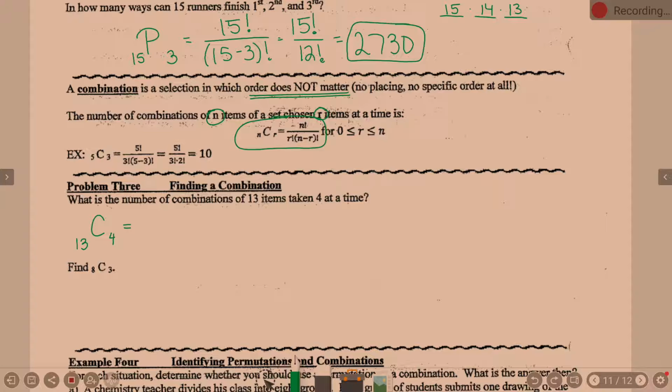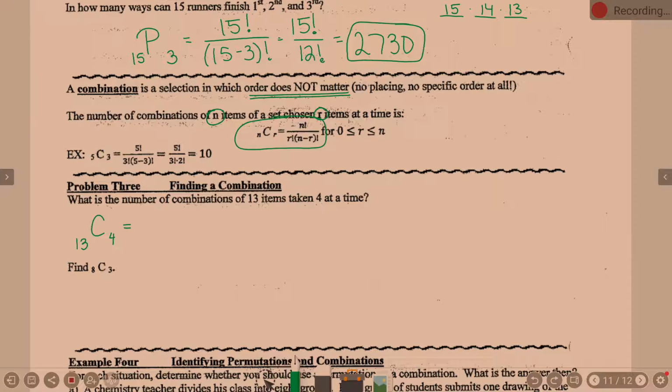Thank you. Okay. So combination of 13 items chosen 4 at a time. So I did 13C4. Yes, you could put that straight in your calculator, but do me a favor, hang out with me for a few and let's talk about some stuff.